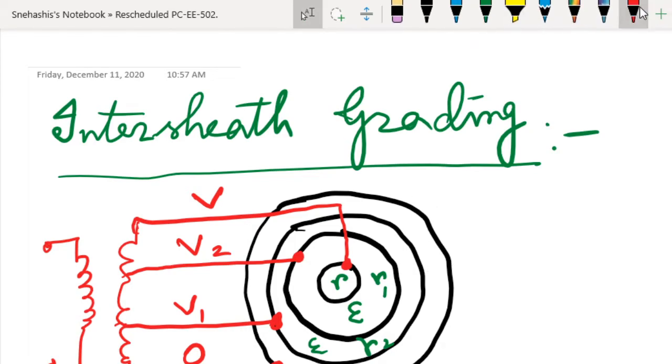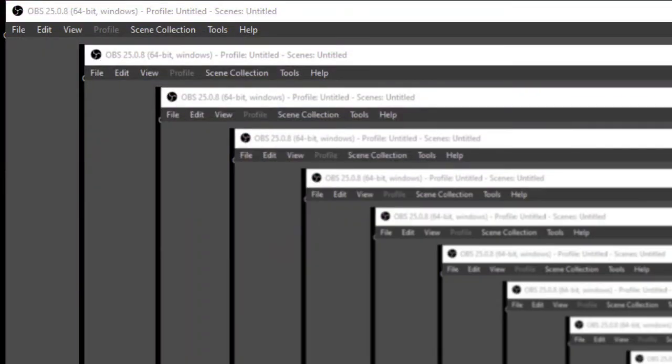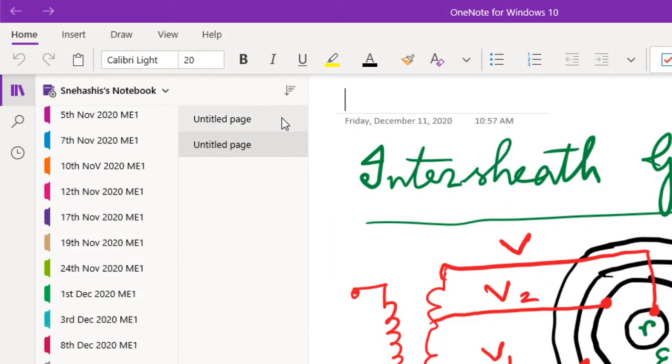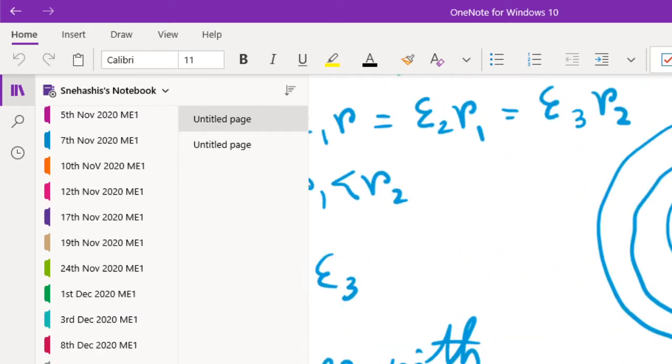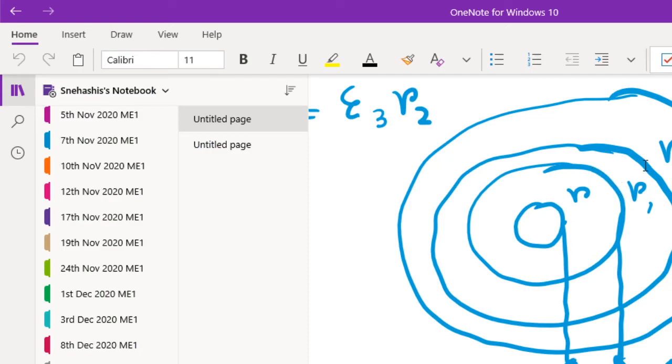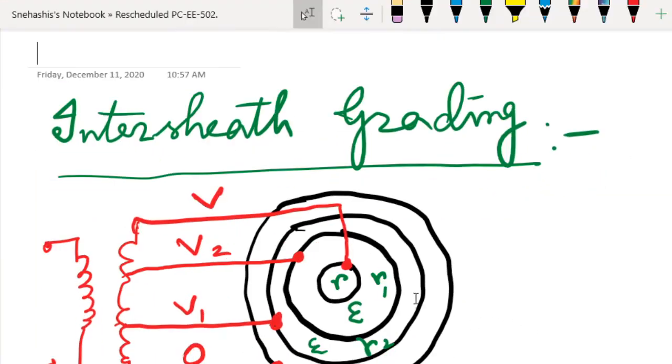Now in the earlier discussion, if you go to the diagram of the earlier discussion, we will be observing that in this case these were different layers of dielectric. So one type of material, second type of material, third type of material. But in this case, material is same throughout, only metallic sheets are inserted.